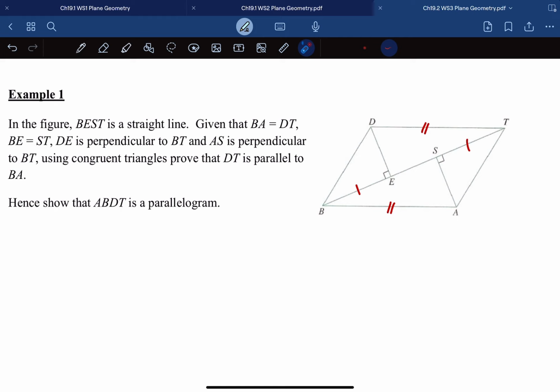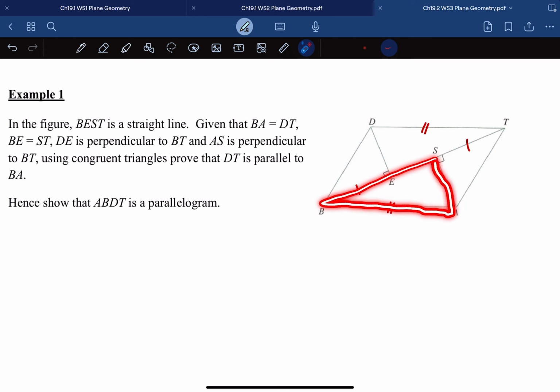So what can I do? To show congruent triangles, based on this, I can see that I have right angles. I want to show that DT is parallel to BA. So since I know that, using this perpendicular property over here, the triangles I would probably need to consider would be triangle DET and triangle SBA.